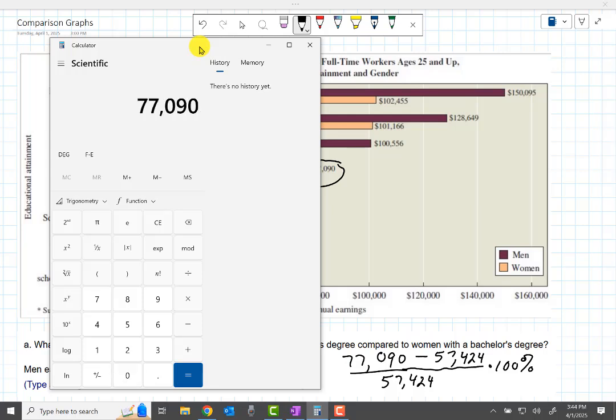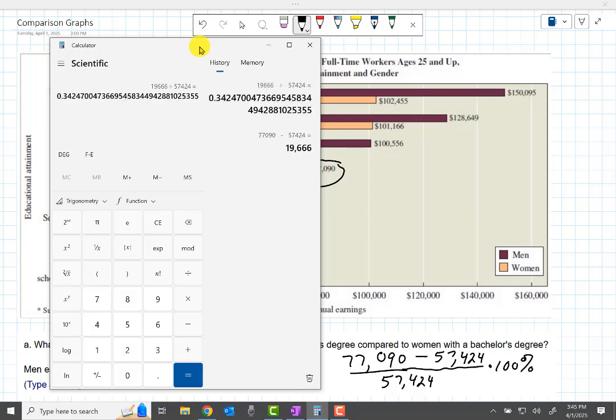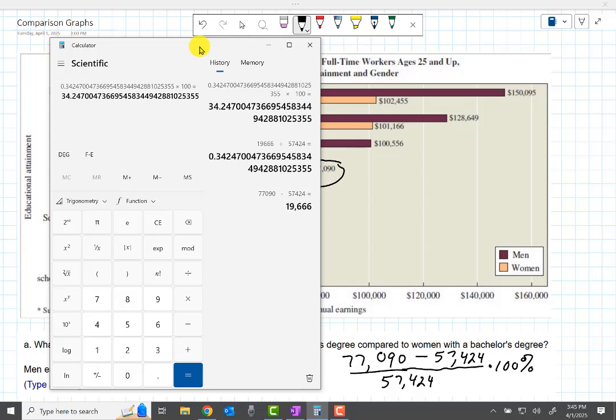77,090 minus 57,424, enter. I'm going to divide by 57,424, enter. And then I'm going to finally multiply by 100 to give me my percentage. 34.25%.